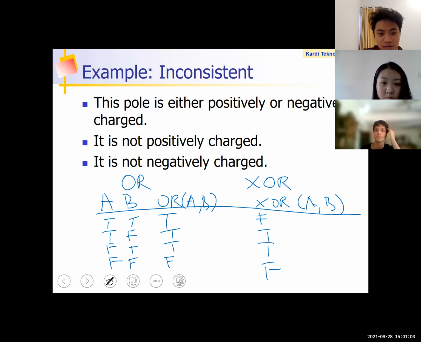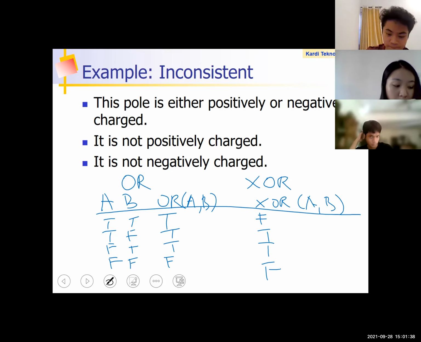Exclusive or, sir. Because not both, right? You get it. You don't get it. So when I said this pole is both positively and negatively charged, it's not included, right?